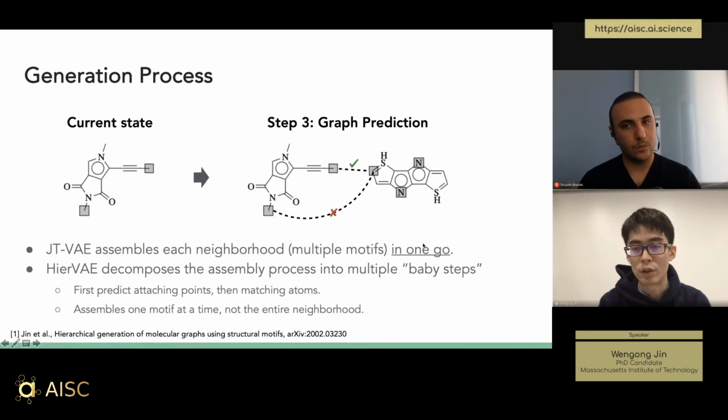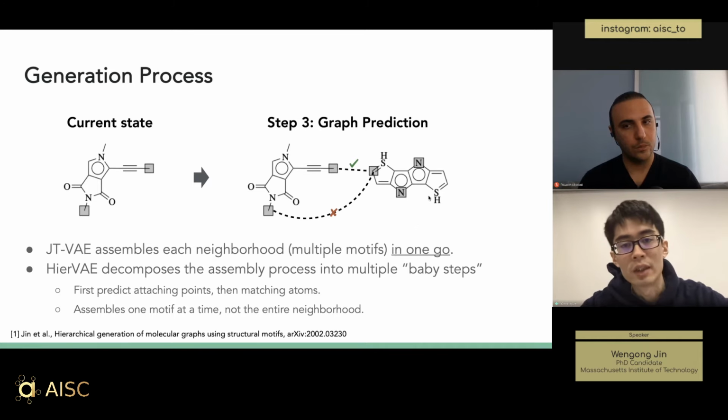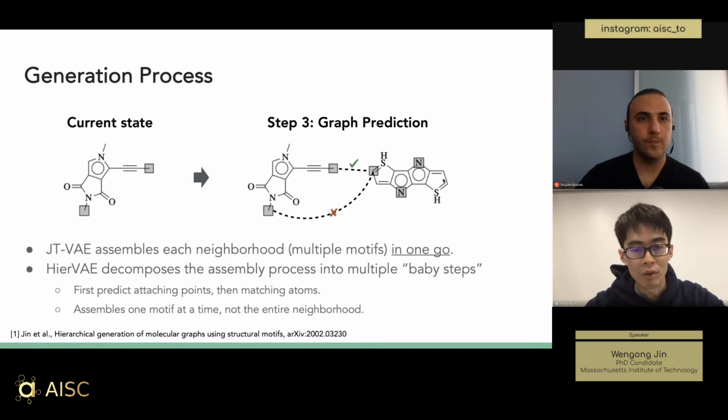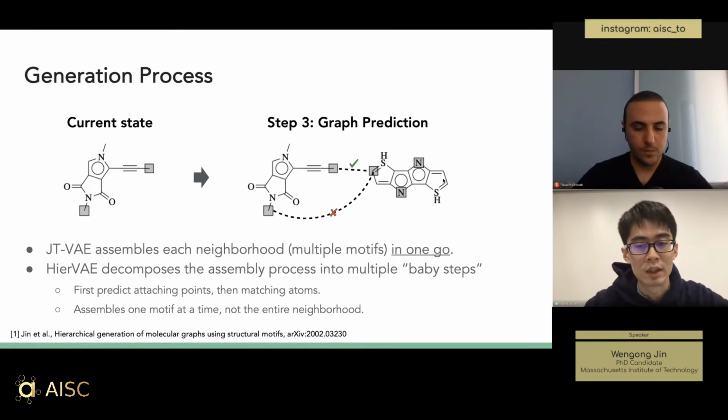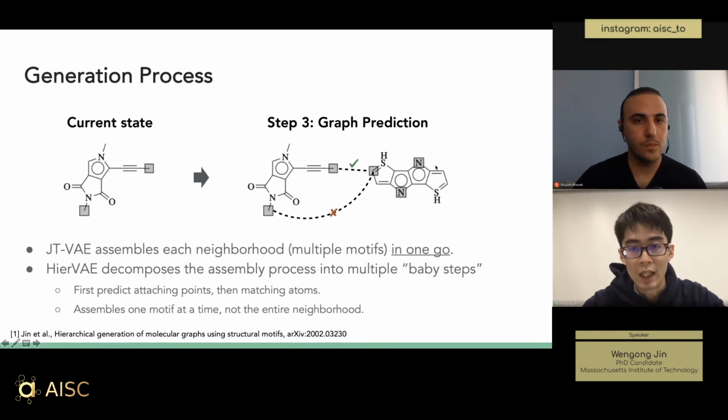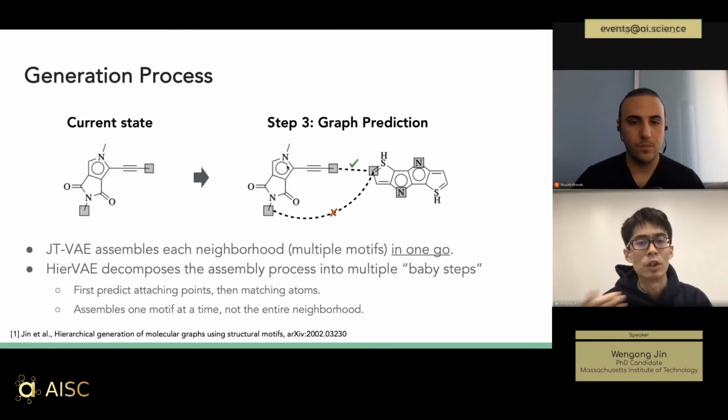So the combinatorial enumeration is complex and slow, and it's hard to scale to larger motifs. In contrast, our hierarchical VAE decomposes this assembly process into multiple baby steps. We first predict the attaching points, and then learn how to match or attach these attaching points to the current graph. And we also only assemble one motif at a time, not the entire neighborhood. We found this makes our model much more scalable and faster to handle larger molecules.